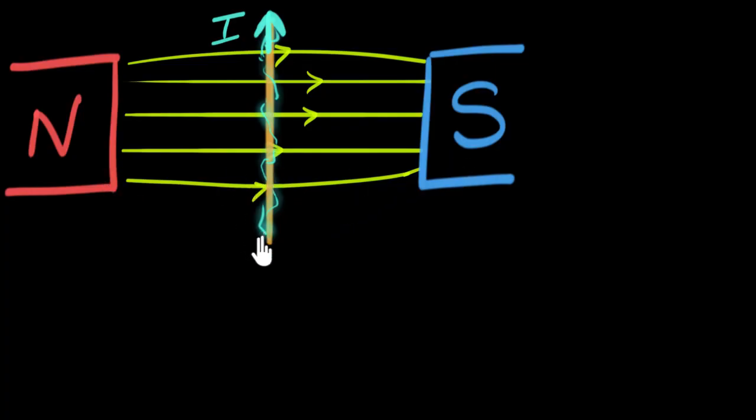So let's first figure out in what direction the wire pushes on the magnets. Well, to do that, we'll ask ourselves, how does the wire push on the magnets? Well, the wire creates its own magnetic field because of the current, and it's that magnetic field that pushes on the magnets. So let's remove this magnetic field and concentrate on the magnetic field generated by the wire.